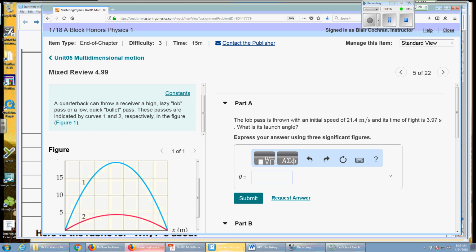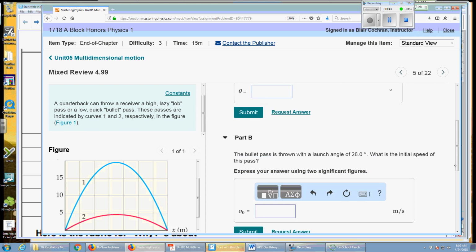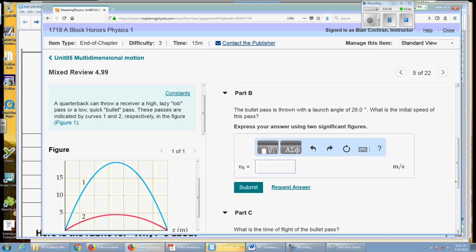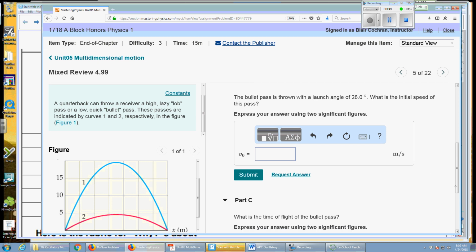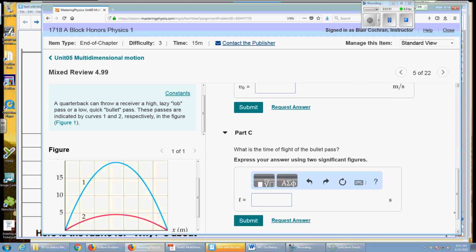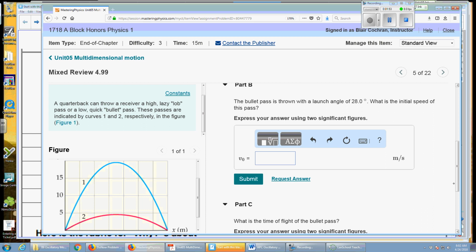The launch pad starts with initial speed, and its time of flight is this. What is its launch angle? The lob pass is thrown with launch angle 28 degrees. What is the initial speed of the pass? Oh, wait a minute.